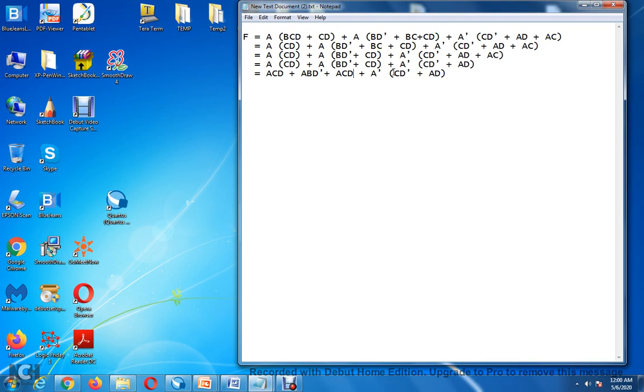Again, distributive law here. We get A prime C D prime, or A prime AD. Now, whenever you get A prime A, that's 0, and 0 ANDed with anything is 0. So we'll get rid of that bracketing.